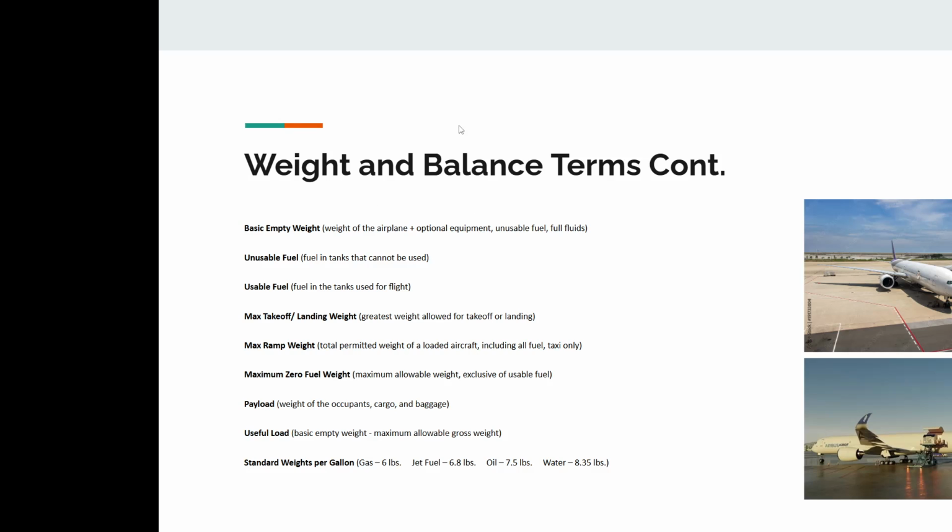All right, so some other terminology that is important to know, starting with basic empty weight. The basic empty weight is essentially the weight of the aircraft with the equipment that's installed, any unusable fuel, as well as full fluids, such as oil or, for example, hydraulic fluid that can be found in landing gear.